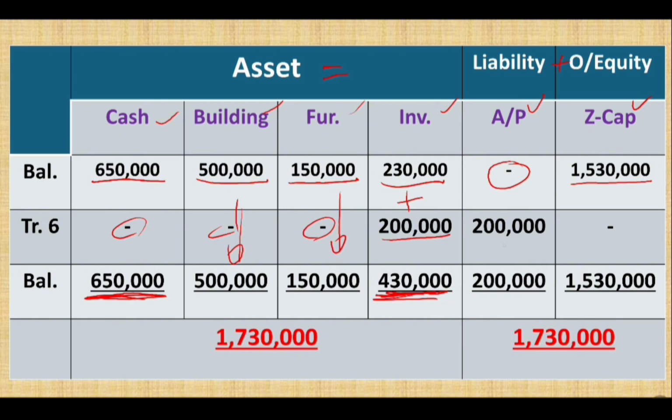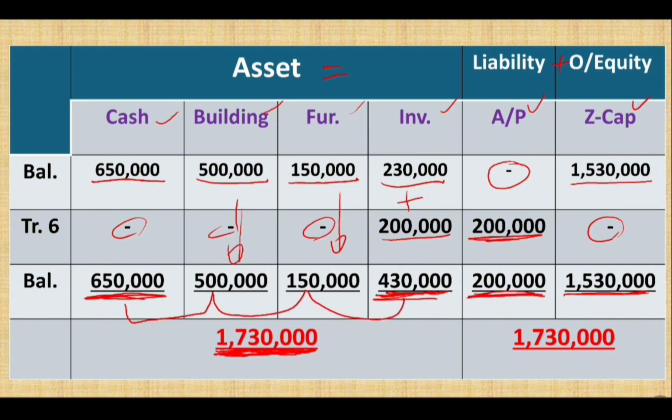Therefore, at the end of transaction 6 the balance of inventory becomes 430,000. And during transaction 6 there was an account payable incurred, that is 200,000. Therefore, the balance of account payable at the end of transaction 6 is 200,000. There was no change in the Z capital in transaction 6. Therefore, after transaction 6 the balance of Z capital will take 1,530,000.